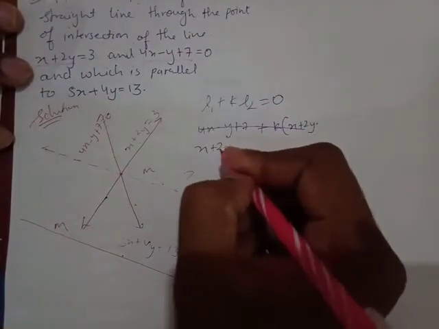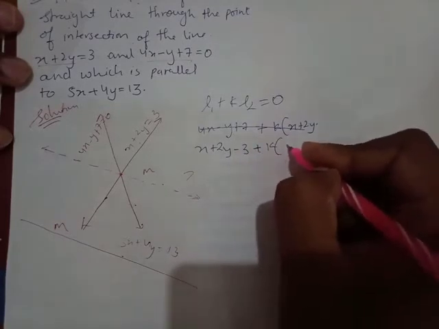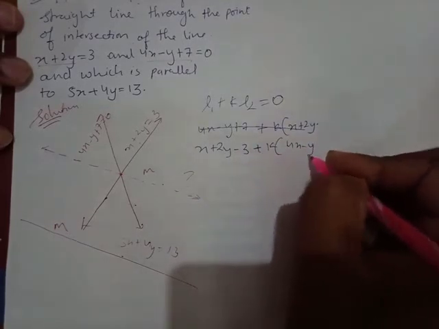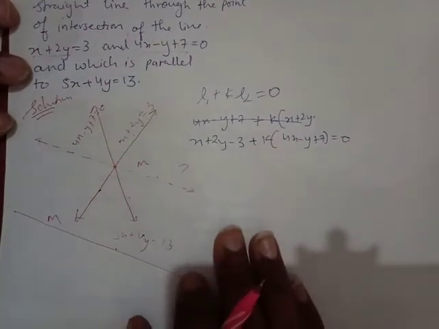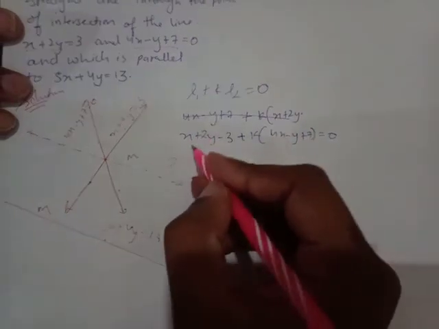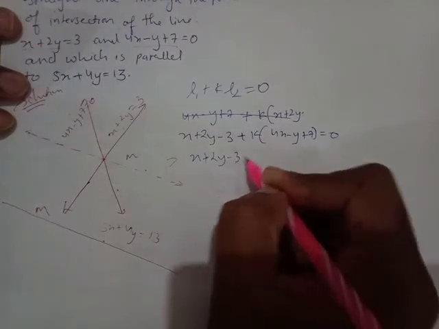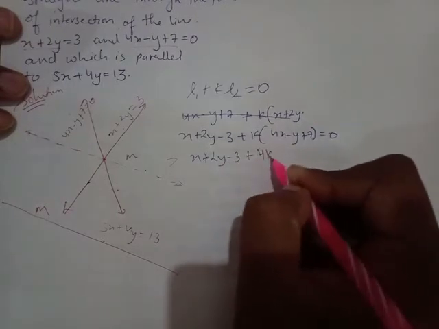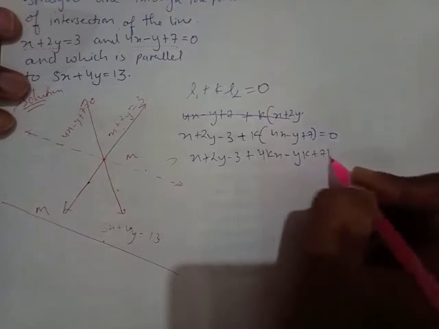It won't make any difference, just to be very thorough with the things that I am doing for you, it's going to be really helpful. So it's going to be x plus 2y minus 3 plus 4kx minus yk plus 7k.